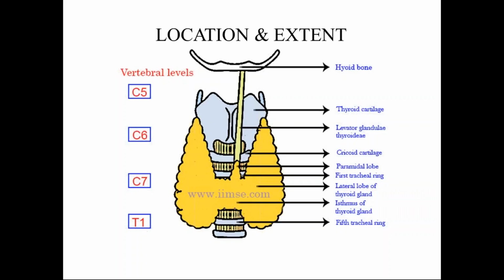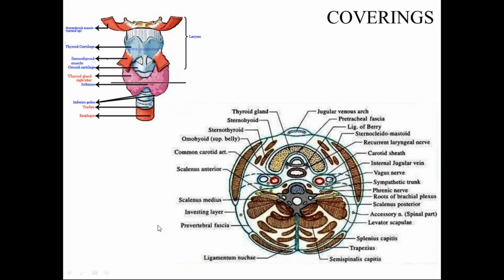So once again I'll repeat: it is situated in the front of the neck, in the midline, and it extends from C5, C6, C7 and T1 vertebral levels. Next, we'll talk about coverings of the thyroid gland.